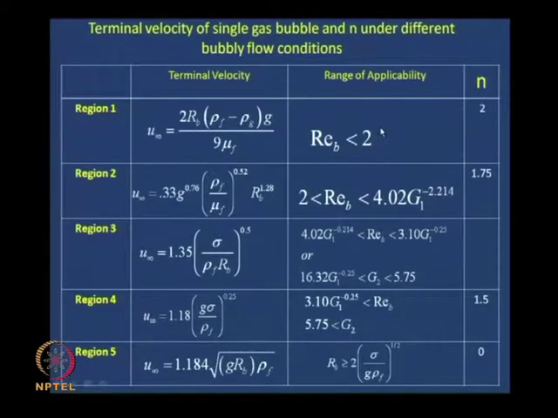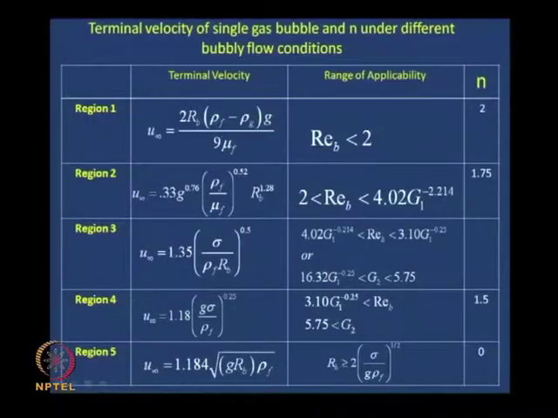What is the first regime? In the first regime, we have very fine, well dispersed bubbles. This is the rise velocity of a single spherical bubble in an infinite medium, which we can obtain simply from Stokes law. So, the first region is the Stokes law region, applicable for a very low bubble Reynolds number.